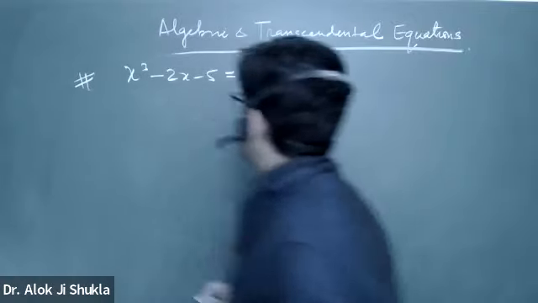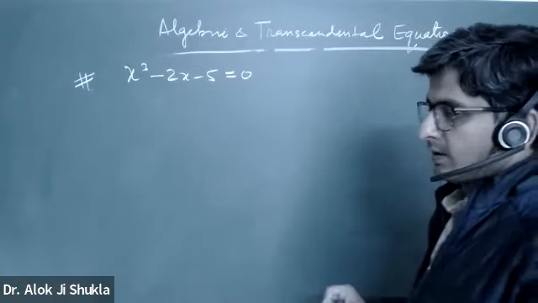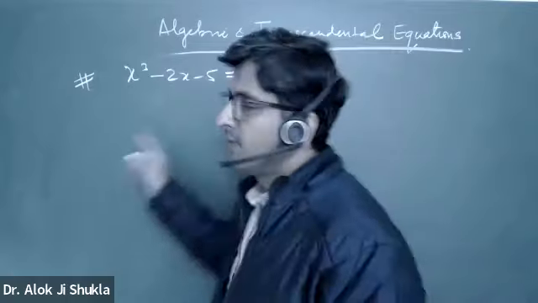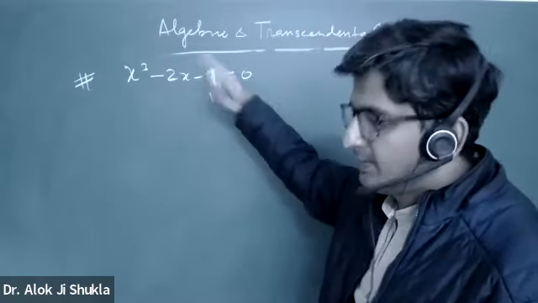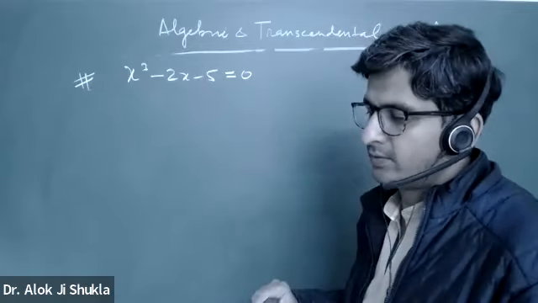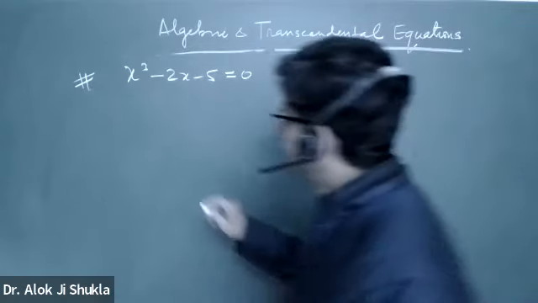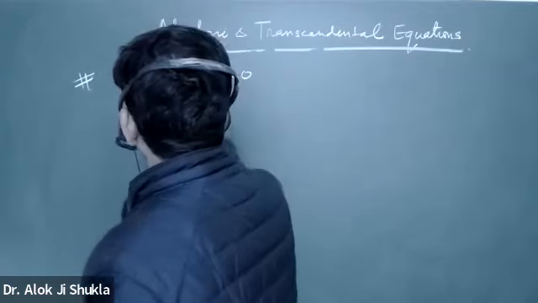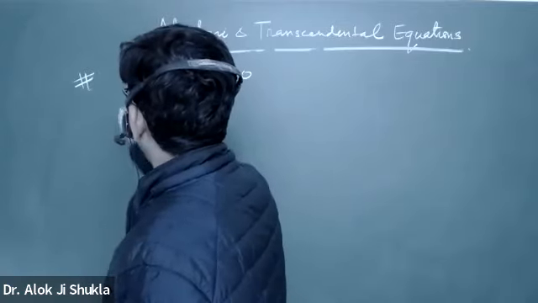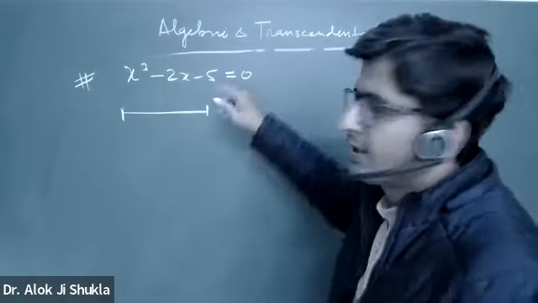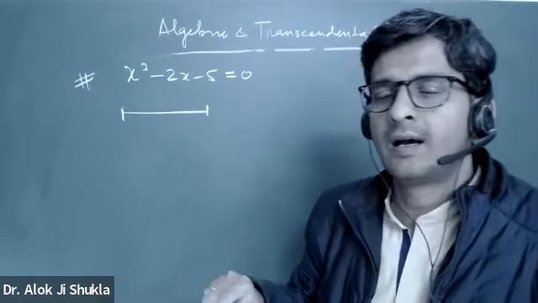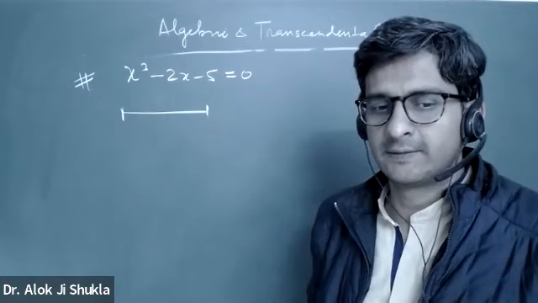And real life में we will have to guess 2 points जिसमें एक पे ये पॉजिटिव हो दूसरे पे नेगेटिव हो. समझ में आ रही बात ना? जैसे what are the 2 points that you will take? So real life में तो you have this equation and you have to guess both points.